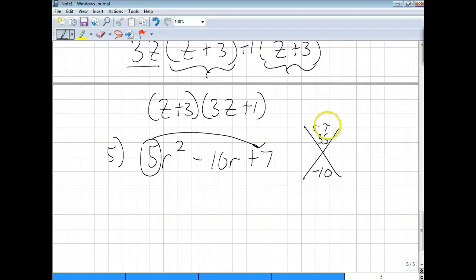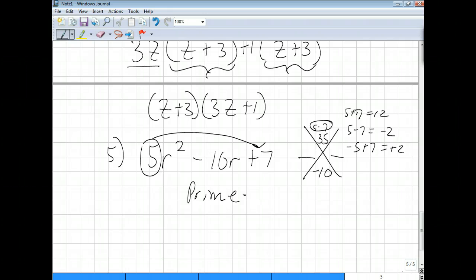Well, the only factors of 35 are 5 and 7. And so, if they're both positive, they add up to 12. Whoops, 5 plus 7. So that's not 10. If one's negative, that adds up to negative 2. If the other one's negative, it adds up to a positive 2. So there are no numbers that work. So this one is prime.